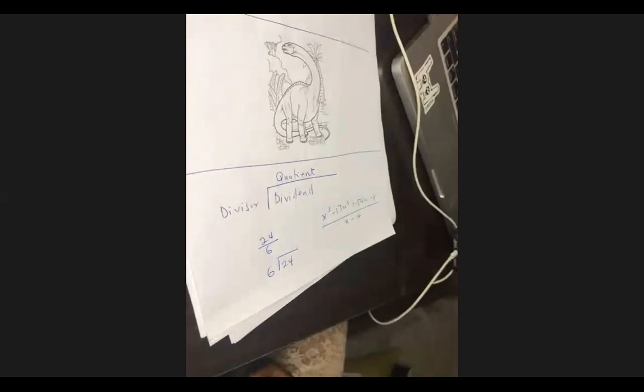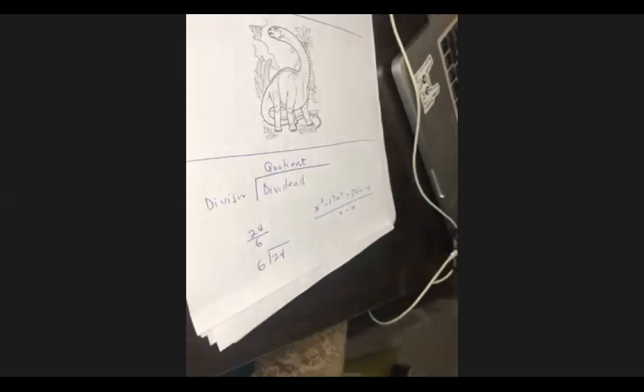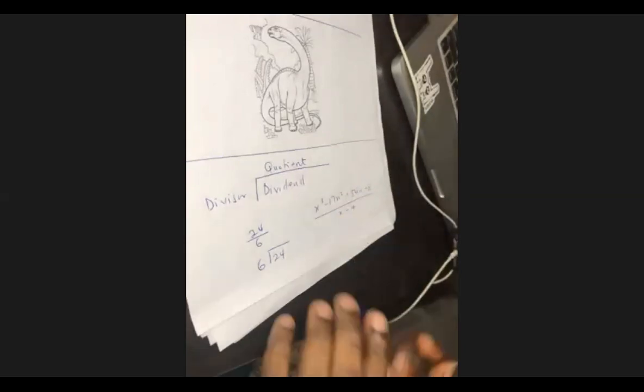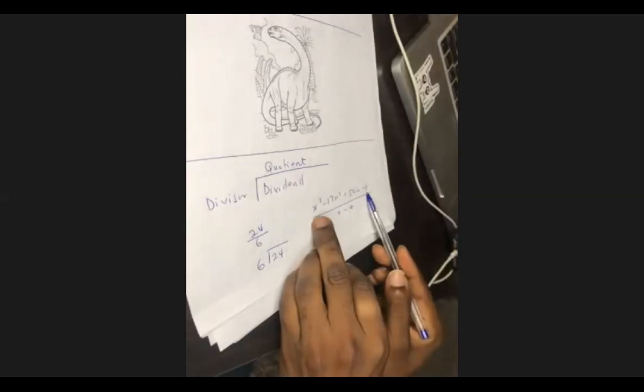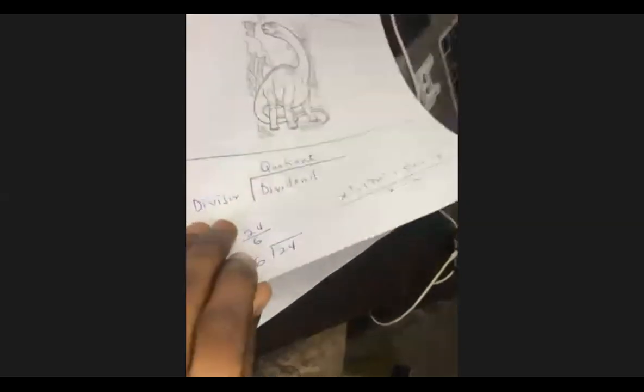That is how come we employ long division when you are solving polynomials. Because when you have factors like this, it is easier for you to divide using long division. Very, very easy.